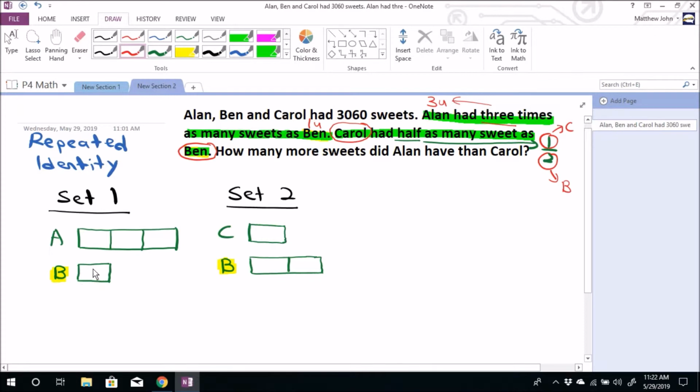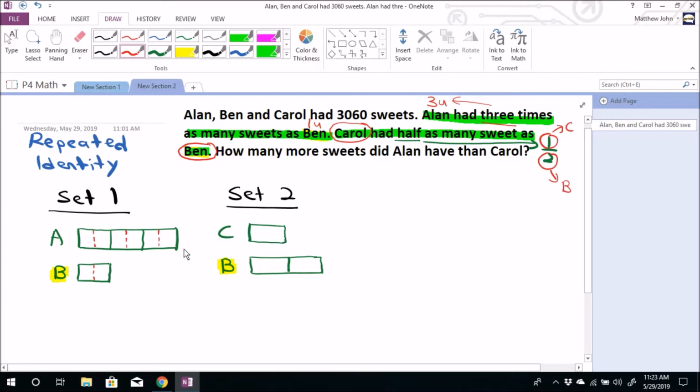I can draw dotted lines to make Ben into 2 units, so that the Ben in set 1 and the Ben in set 2 have the same number of units. And the moment I make Ben into 2 units, I also cut the other units as well. I draw dotted lines to cut the other units, and then the next thing I'm supposed to do is write down the final number of units.